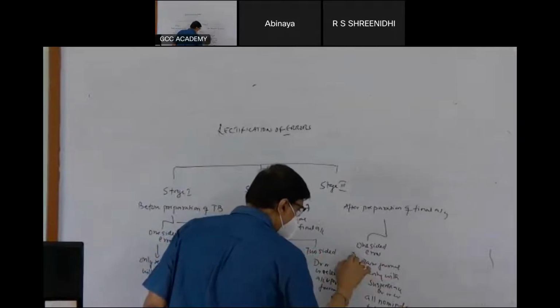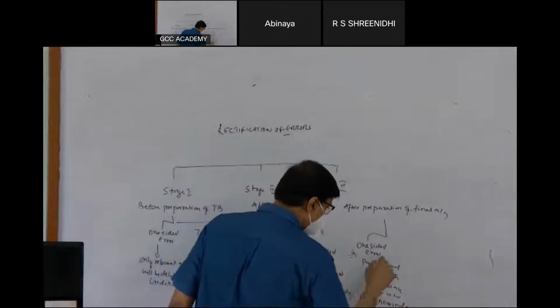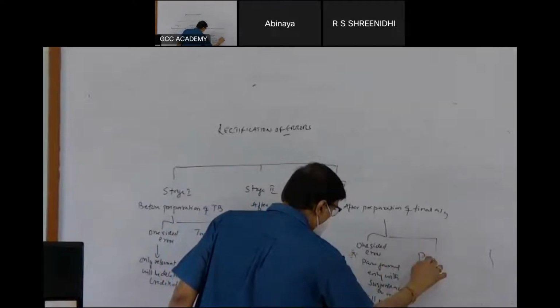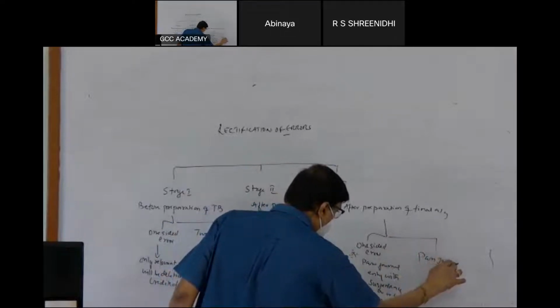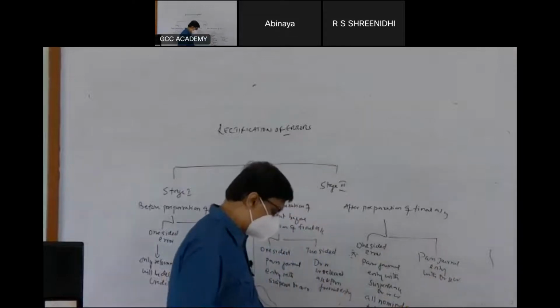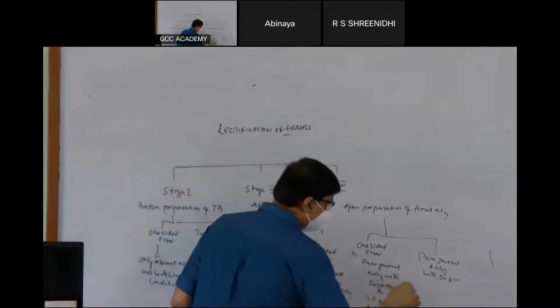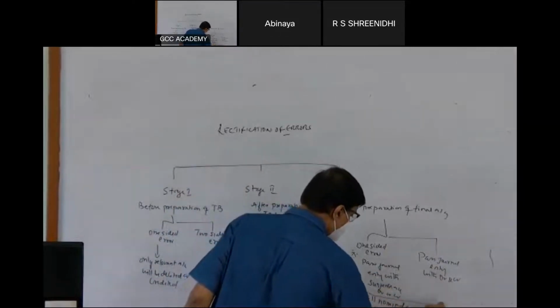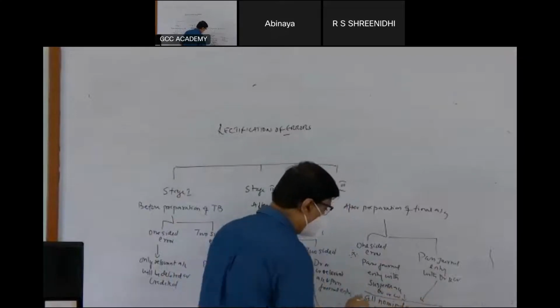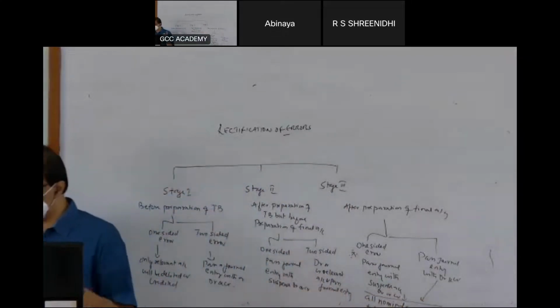Very, very important. Pass the rectifying journal entry, except again for all nominal accounts. Now let me explain this to you.